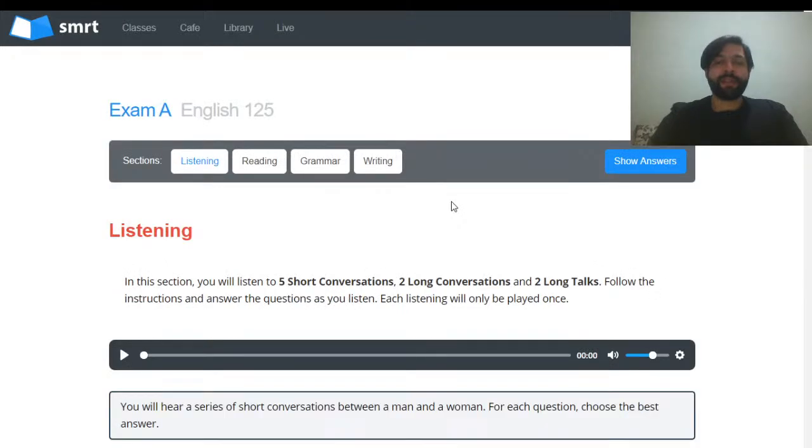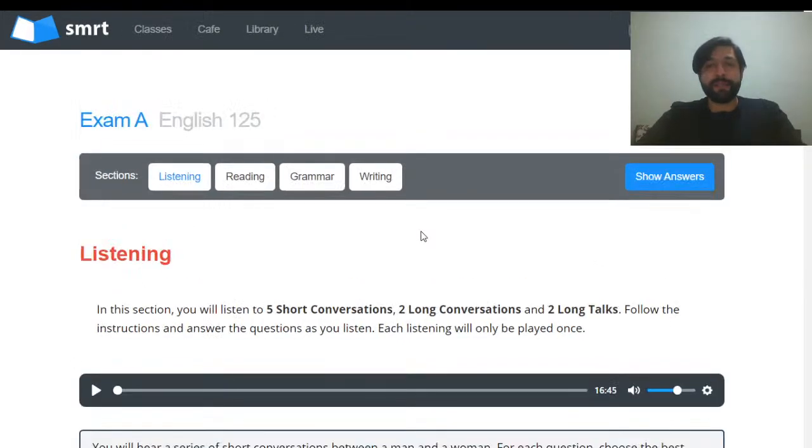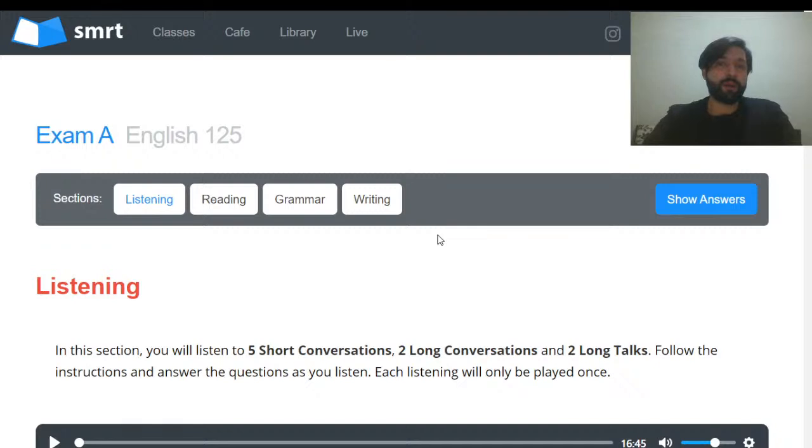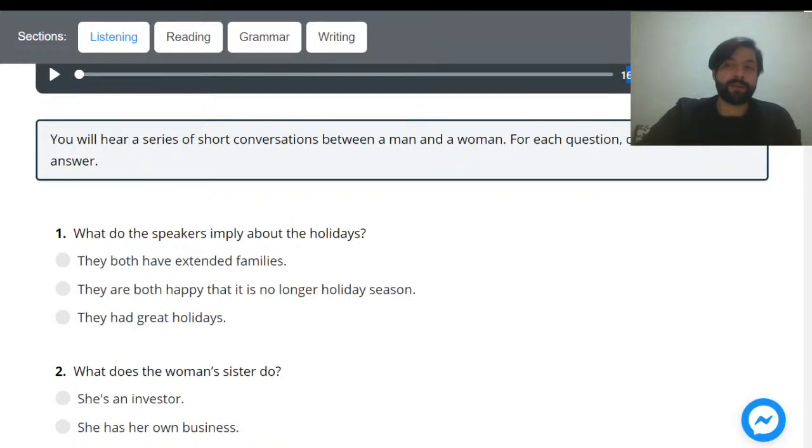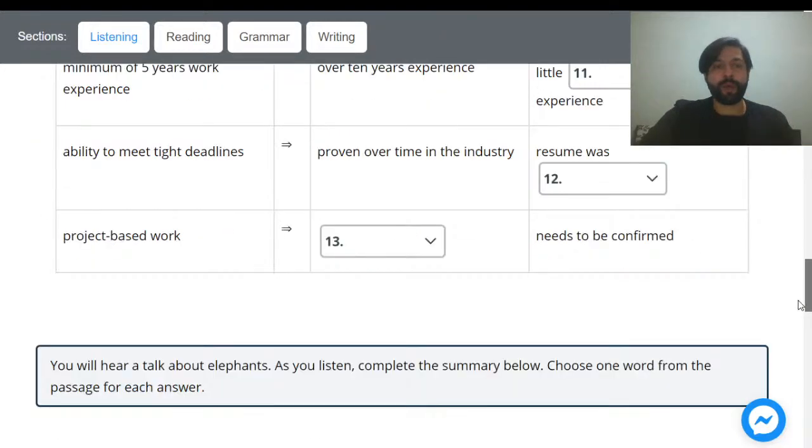The format of the test will be pretty much the same as the quiz that you already did, just a little longer. Usually in the quiz you have just the grammar tab, and here you have 4 tabs: listening, reading, grammar, and writing. In the listening, you have a player with an audio that is around 17 minutes long, and it's one audio for all the questions.